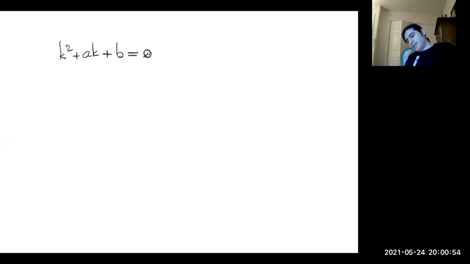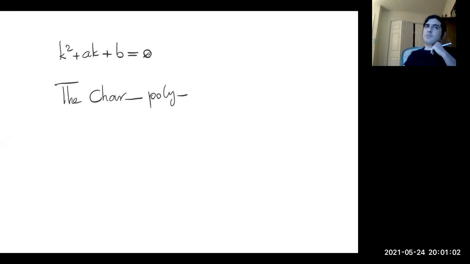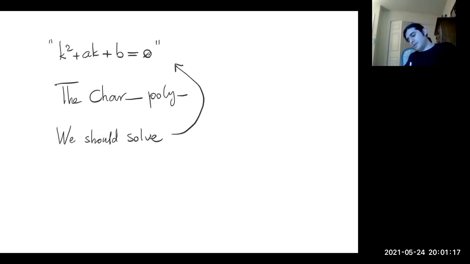This is called the characteristic polynomial, and this is quite important actually. So the point here is that we should solve this polynomial to find k.